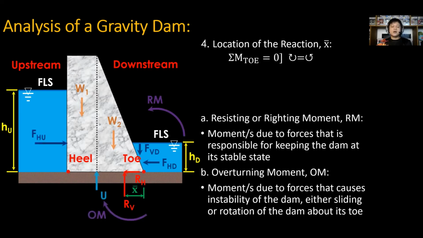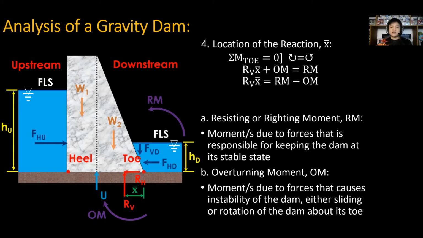Examples are horizontal force at the upstream side and hydrostatic uplift. Therefore, the clockwise moments are R sub V times the moment arm X bar and the group of OM. And counterclockwise moments are the group of RM.